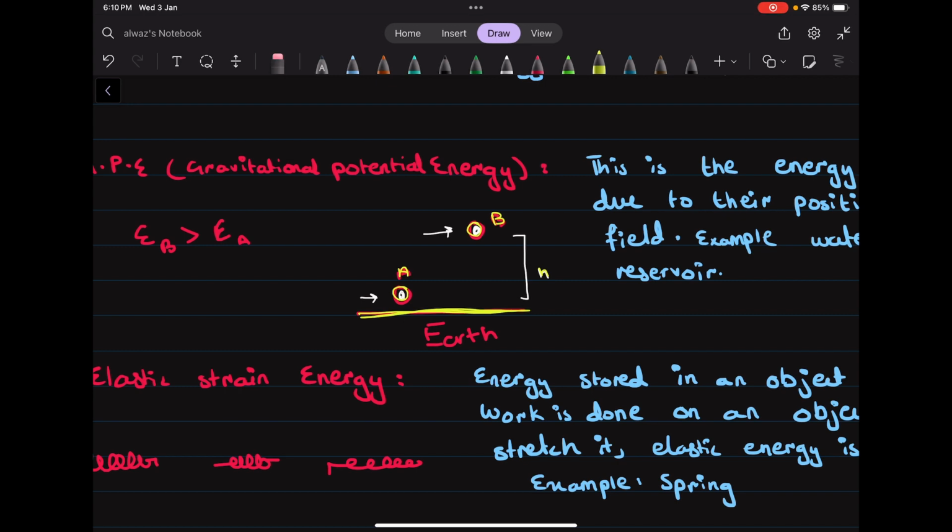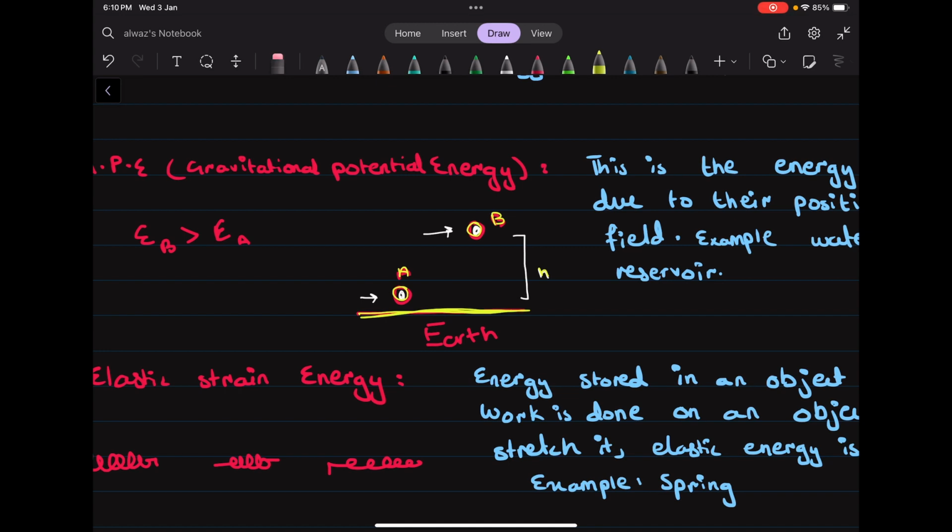Both of these balls are going to have some gravitational potential energy, and this energy is dependent on their height. So, the further away the ball is from the surface of the Earth, the greater the energy of the ball, and the closer it is, the lesser its gravitational potential energy. Gravitational potential energy is basically the energy an object has because of its position in a gravitational field.